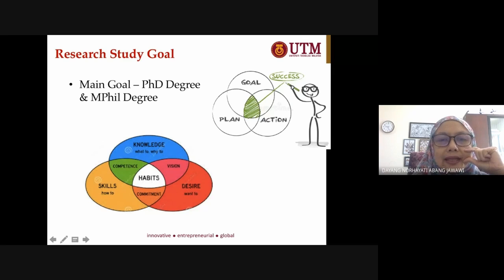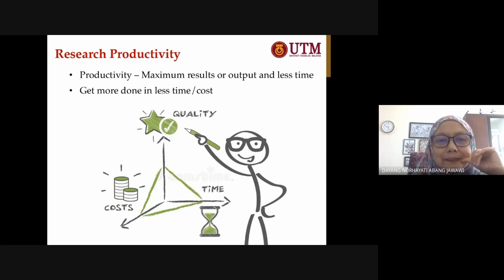So habit is what I would like to emphasize. To get things done productively, we need to change our habits. Habit must be an integration of knowledge, skill, and knowing what you want in your PhD and MPhil. If you don't know what you want, what your vision is, you don't really know how to change your habit.